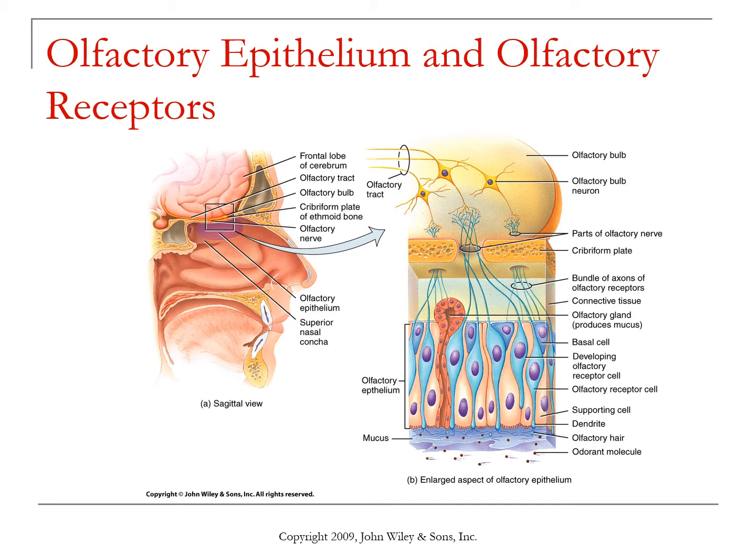They pass through openings in the cribriform plate of the ethmoid bone and enter the brain in structures called olfactory bulbs. Within the olfactory bulbs, the terminals of those receptor cells transmit the signal to axons of the olfactory bulb that then bind together to form the olfactory tract.